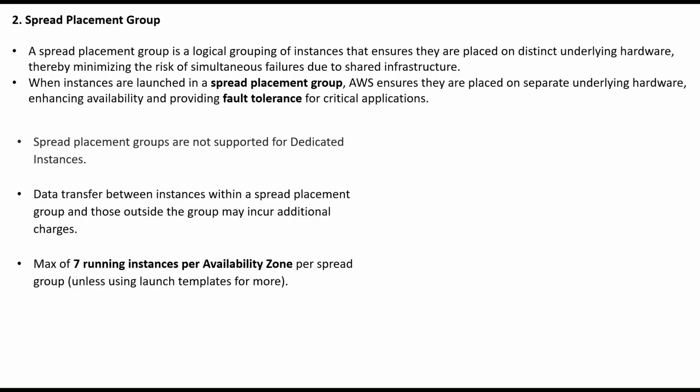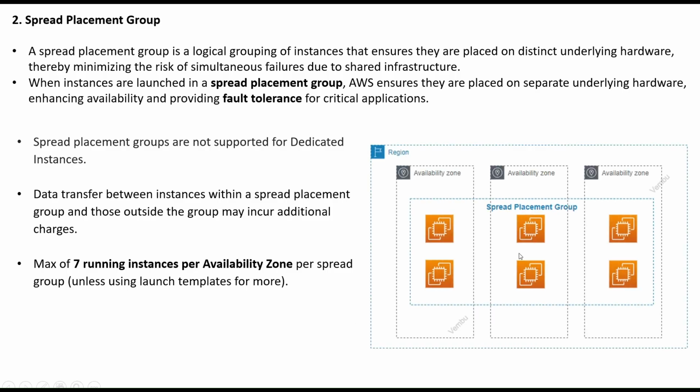Which means if a region has 3 availability zones, then you can launch 21 instances only. If you want to launch the 22nd instance, that is not possible. It supports only 7 instances per availability zone.